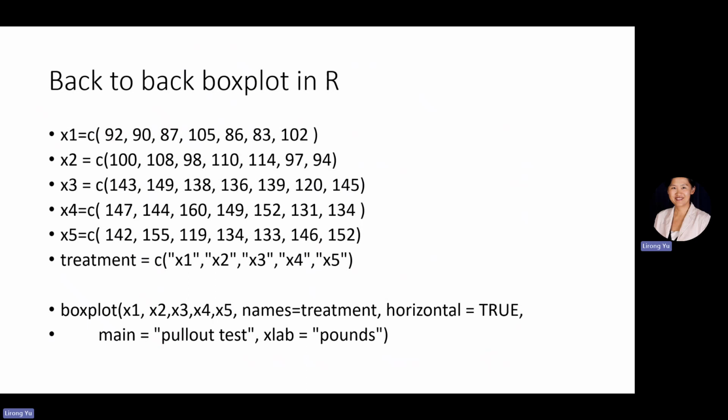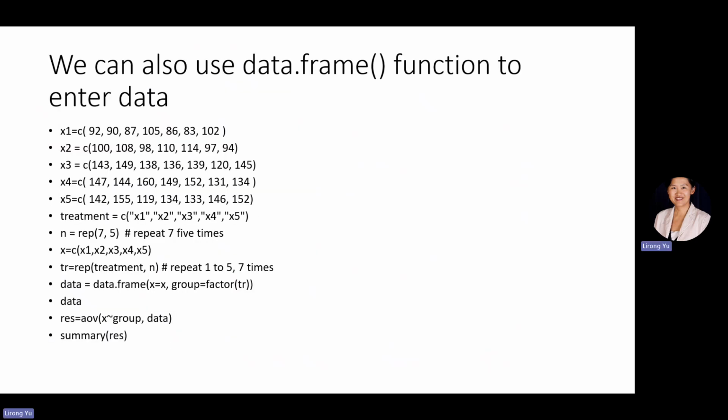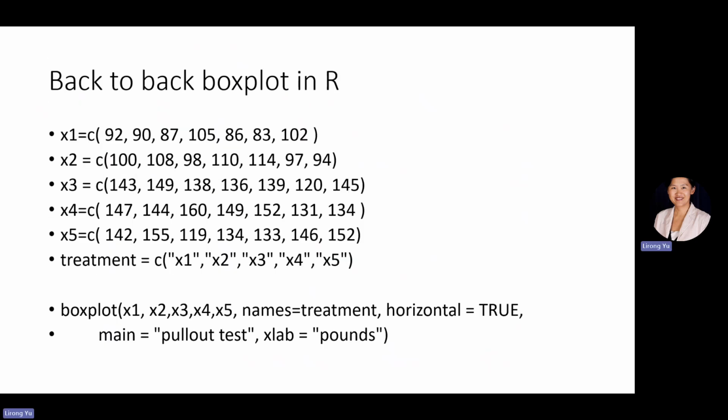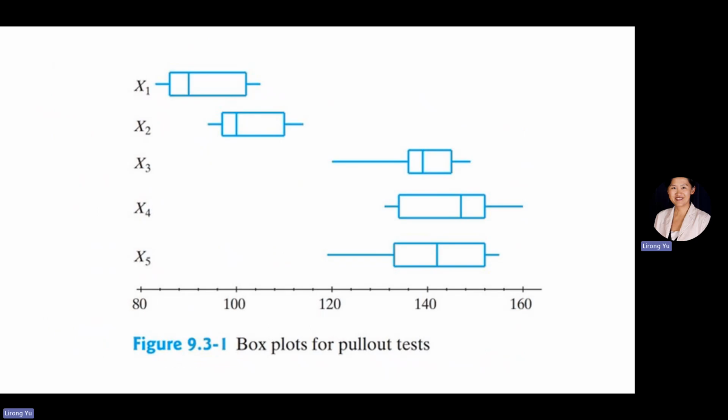And you can draw a horizontal box plot just to compare them. The name is the title of the plot. Then the label for the x-axis is pounds. And then it will show you the plot. I think I had that. Now, this should present the same thing as it did here.